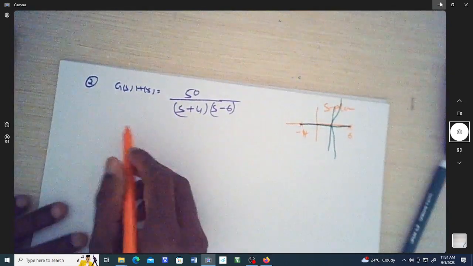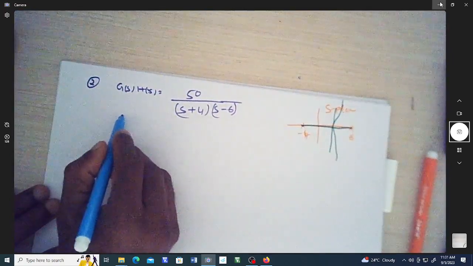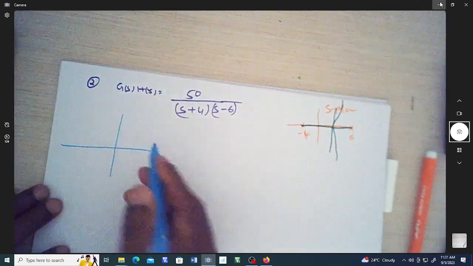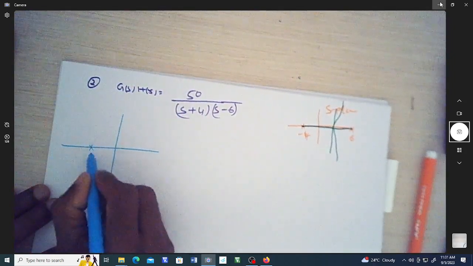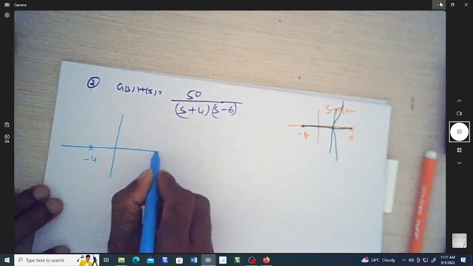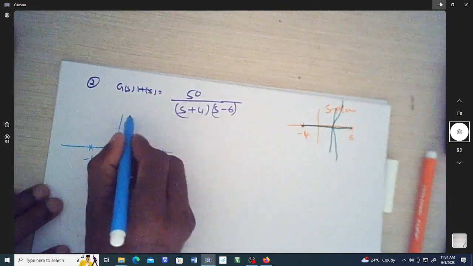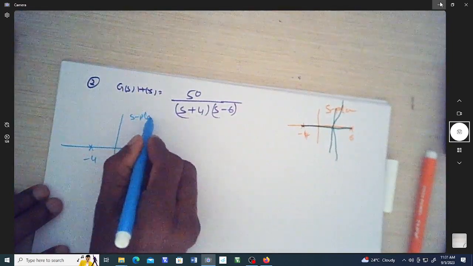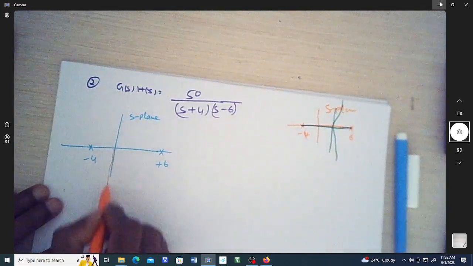So again, as usual, we start with the location of poles and zeros of the open loop transfer function in the S-plane. As I already mentioned, -4 and +6 are the locations of poles in the S-plane. Let me write the Nyquist contour, which covers the entire right hand side.